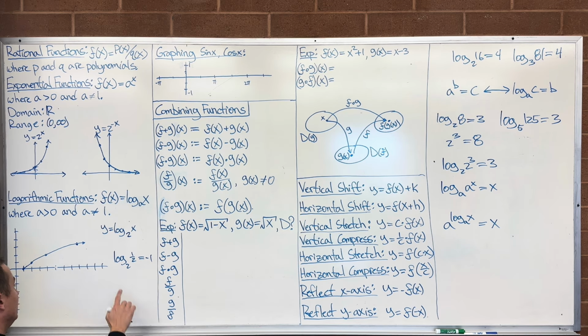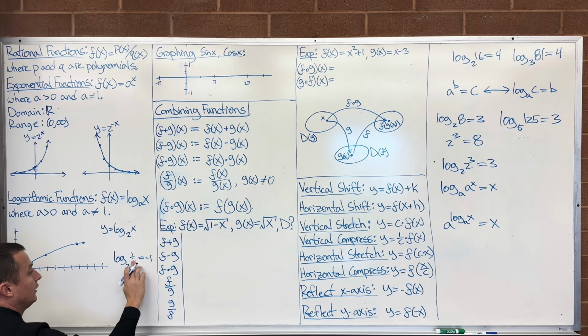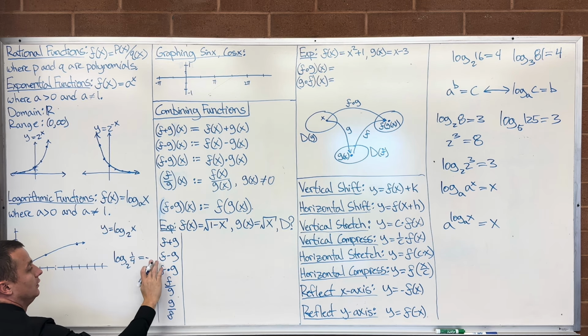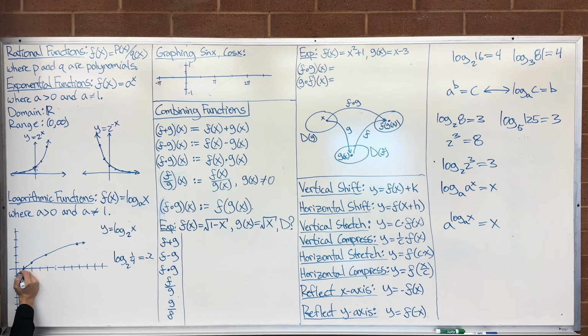It flips. So at 1/2 we got negative 1. At 1/4, what would we get? Negative 2. And at 1/8 we get negative 3, and at 1/16 we get negative 4. Now you see this thing just shoots down.